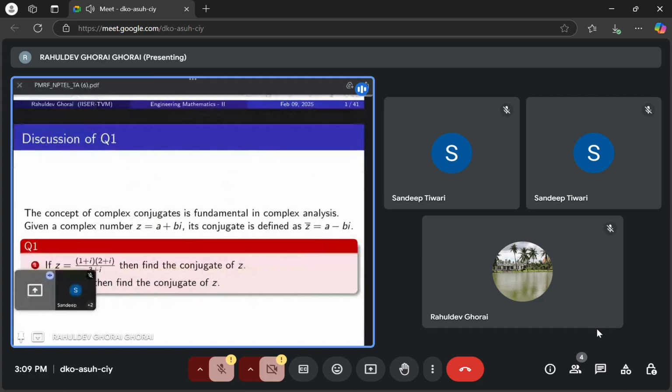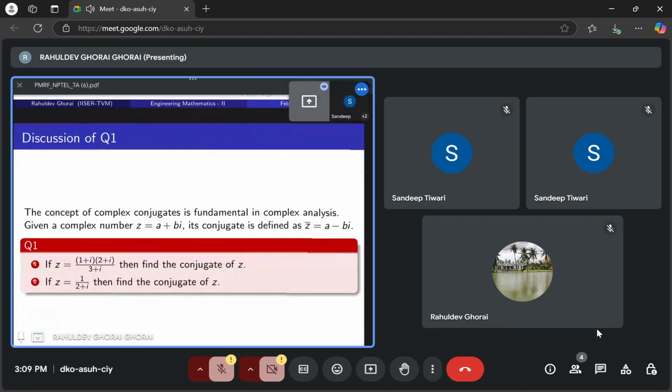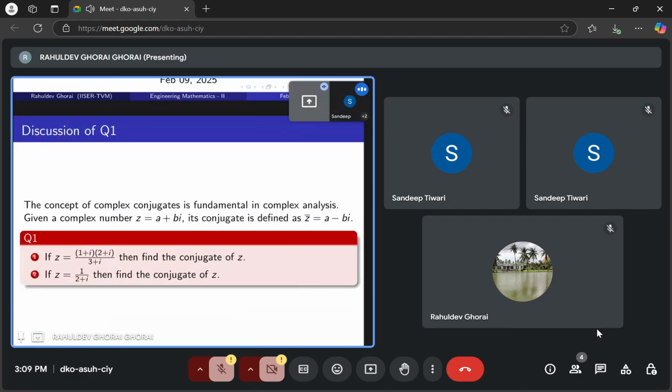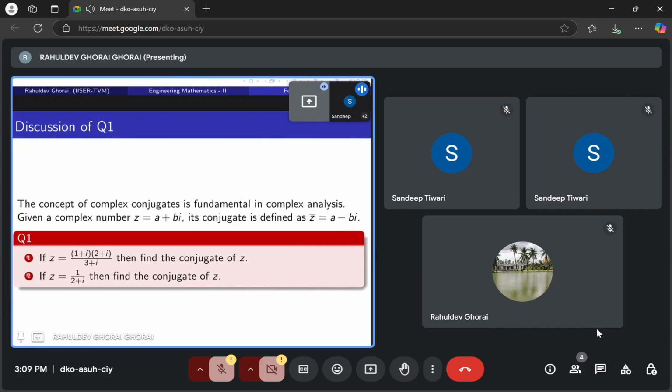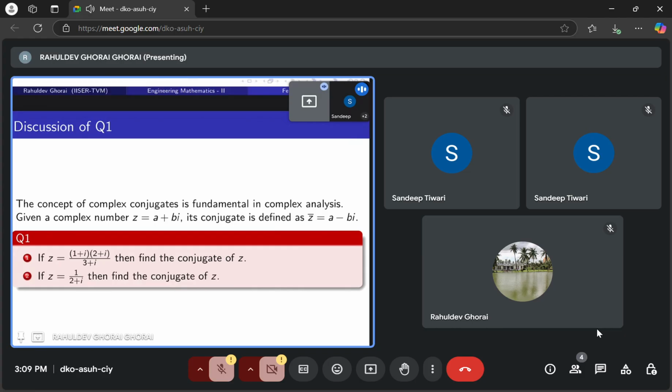So we'll start with some basic questions. If you have a complex number z, how do you find its conjugate? It's simply given by, if you have a plus bi, in geometrical interpretation.